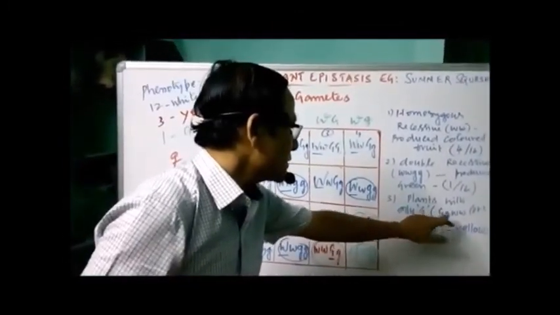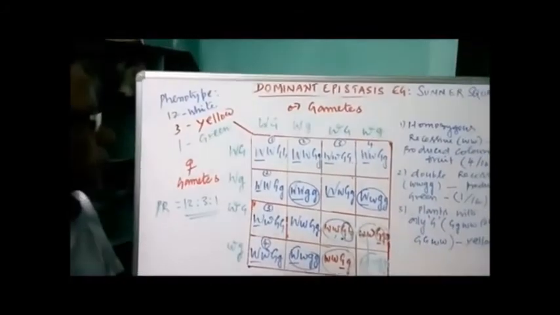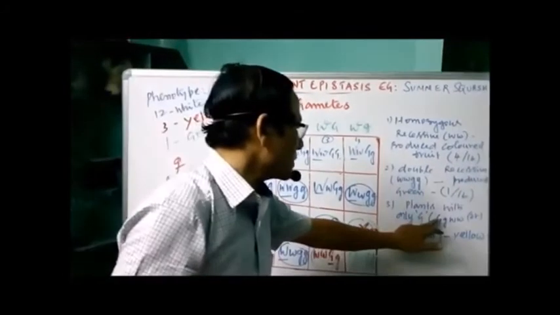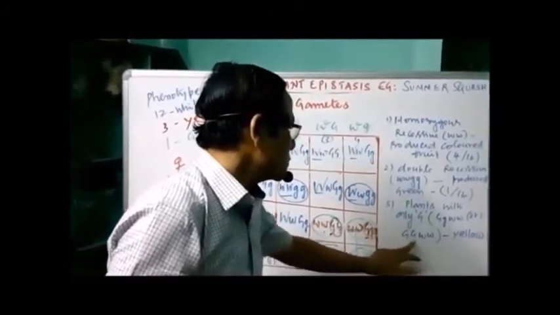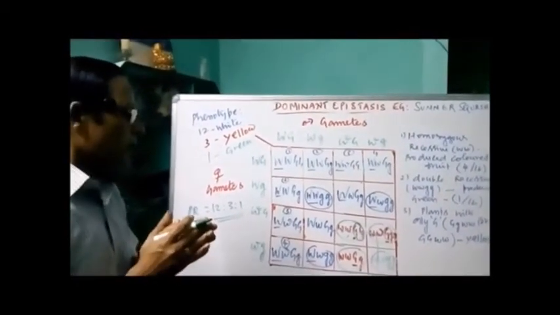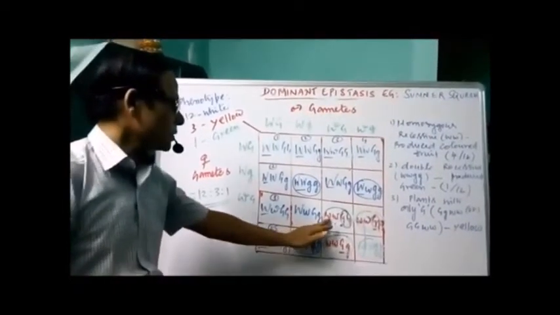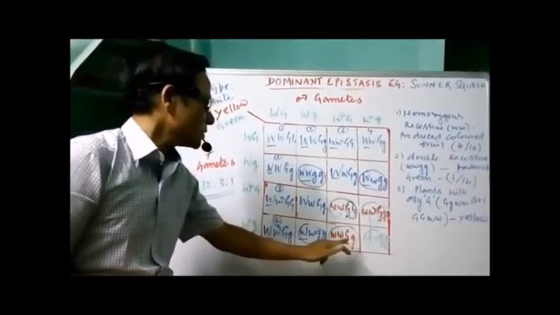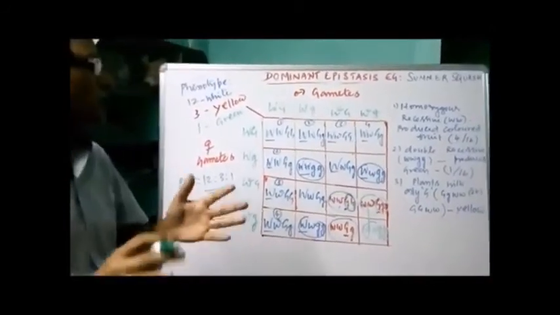There are two types of genotypes: one with capital G here, or two dominant letters together, in the presence of two recessive letters, produce yellow. So plants with only G, either in this form with two dominant letters, or in this form with only one dominant letter G, produce yellow color.